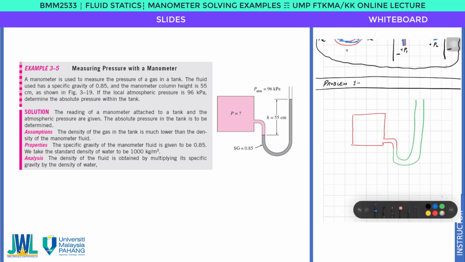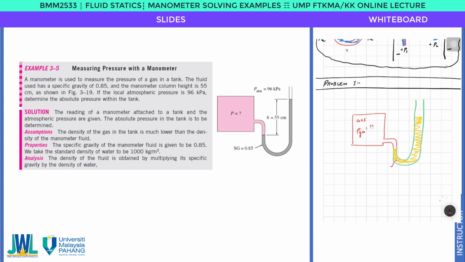Now I have got a manometer fluid inside also. So let's say this is manometer fluid. The manometer fluid is at a certain height. We need to know the pressure of the gas. We don't know that.